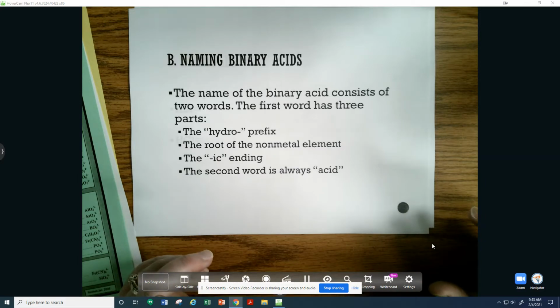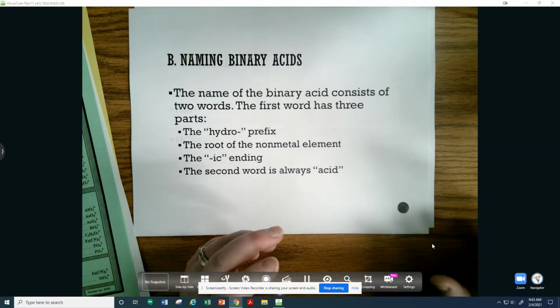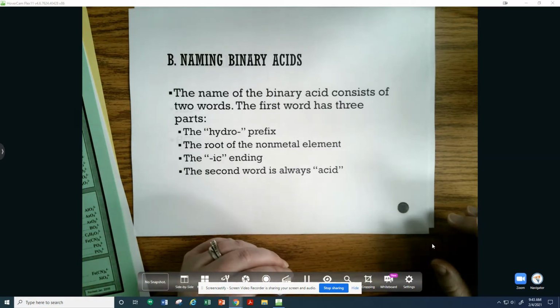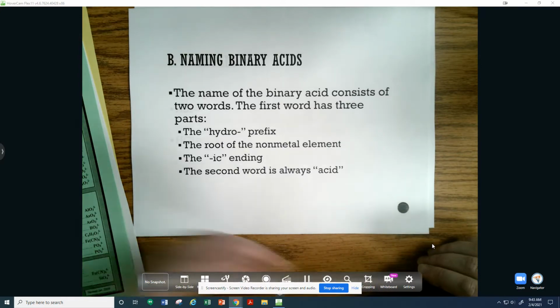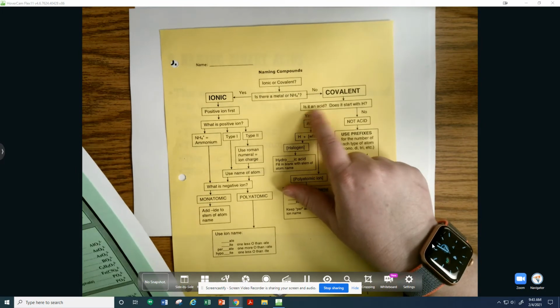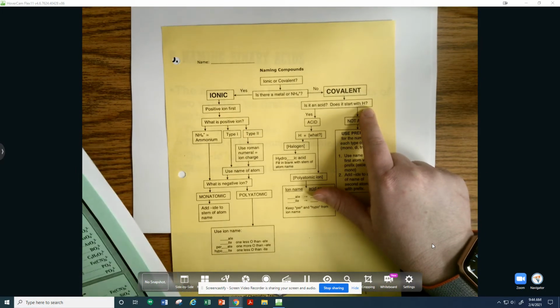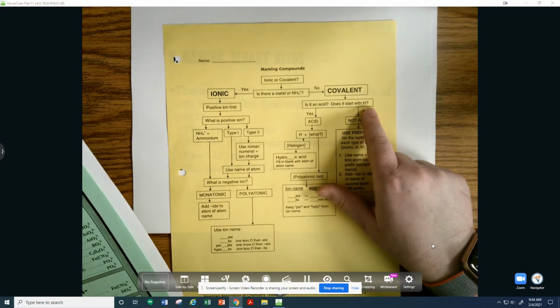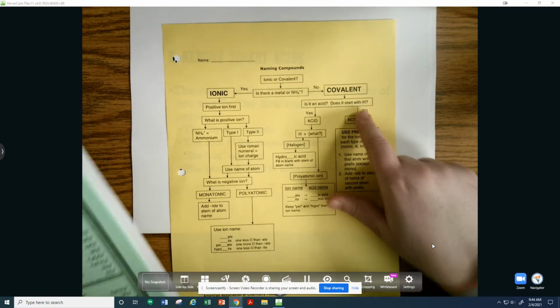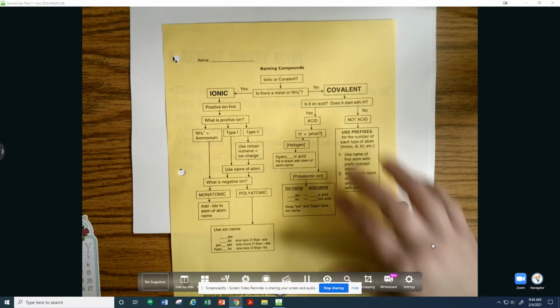When we have an acid, the part that makes something acidic is a hydrogen ion. All acids, like it shows here in the naming tree, which asks, is it an acid? Does it start with H? The one thing all acids have in common is that hydrogen is the key component.